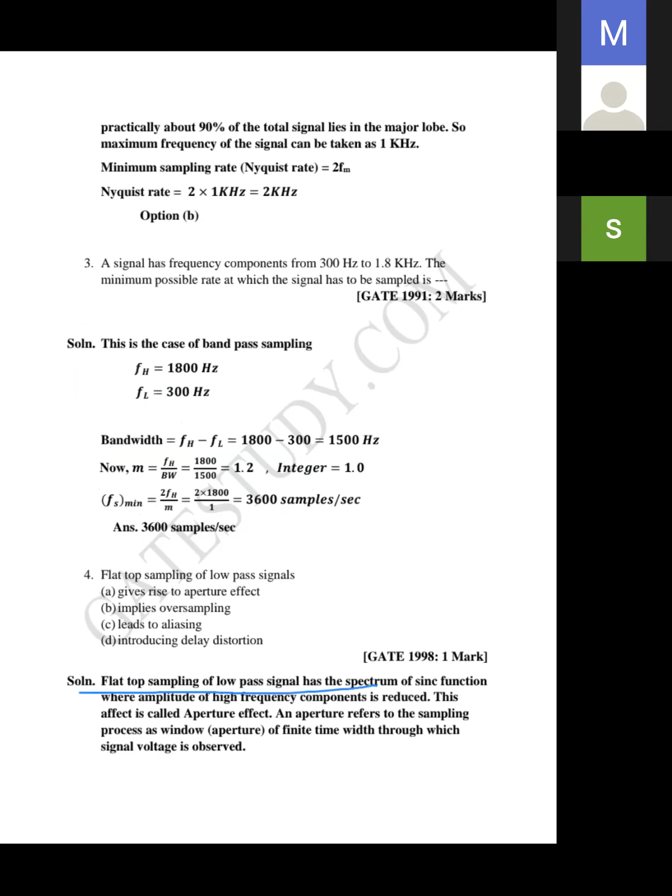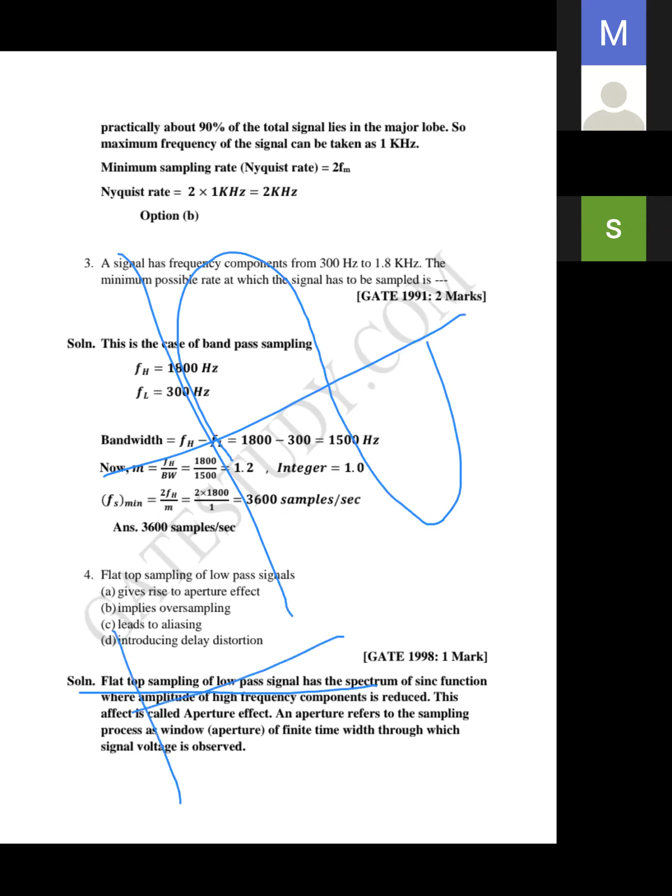Flat top sampling of a low pass signal has a spectrum of a sinc function. When we send this to a transmitter, the outcome at the receiver is a sinc function. As I said previously, we have seen a diagram with a main lobe and two minor lobes, that is the sinc function.